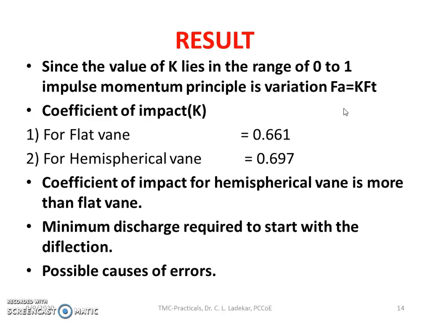Then there are chances of having water flowing through one of the corners of the nozzle, and so many reasons could be there for having the error or having different values of Fa and Ft. Once you analyze the error out of it, you will be able to perfectly calculate the coefficient of impact. So that's it from my side.